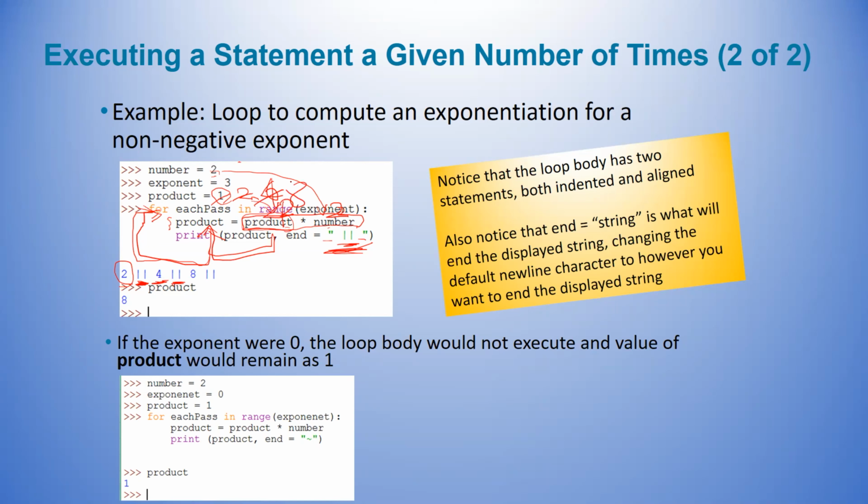Product now is 8. Okay, and then it prints out 8 plus this, this. That's it. And if you simply reference product, which is a variable here, it gives you 8. That's the product. So this is how this works. Any questions?